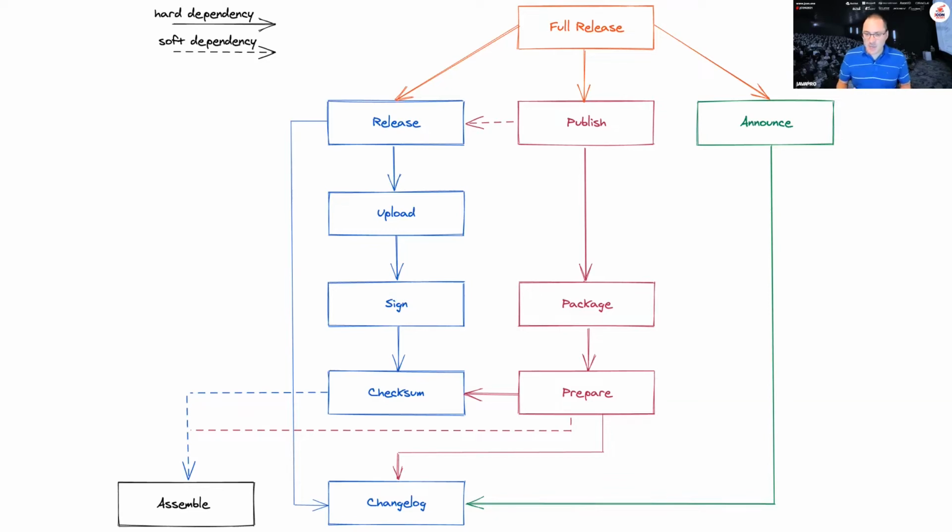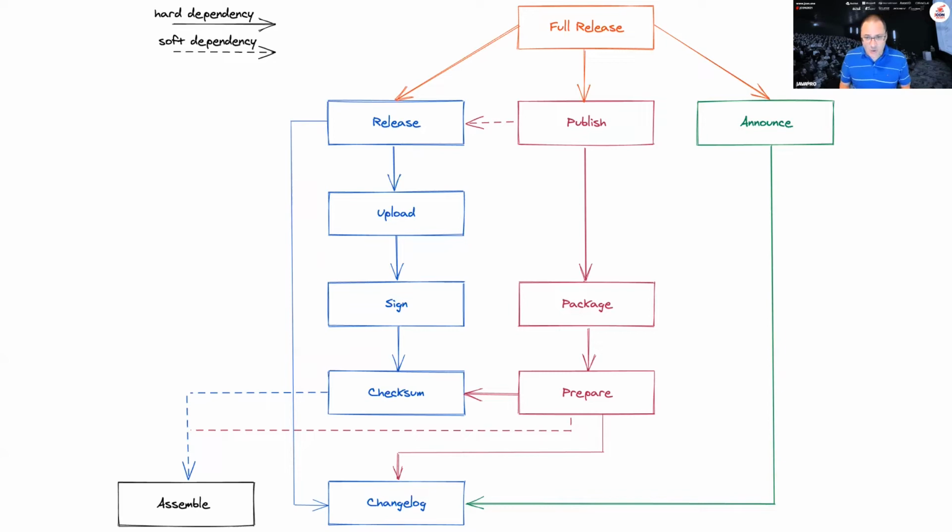If you only care about creating a Docker image and not even publishing, then you can just invoke the package command. Or if you want to publish a saved image and not create it from scratch, you can simply invoke publish. So the full release command, the orange one, does everything for you. And every other command can also be invoked independently.